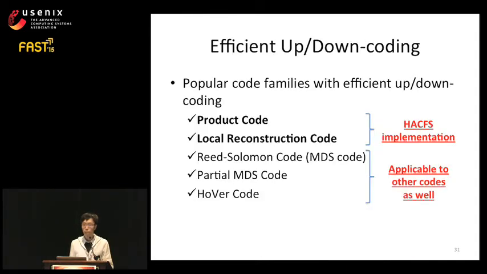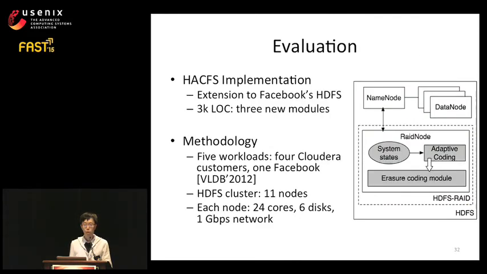We have implemented HACFS with these 2 codes, the product code and the local reconstruction code. We also develop efficient up and downcoding operations for the other 3 popular codes as well. For evaluation, we implement HACFS on top of Facebook's HDFS. It has 3K lines of code spanning 3 new modules.